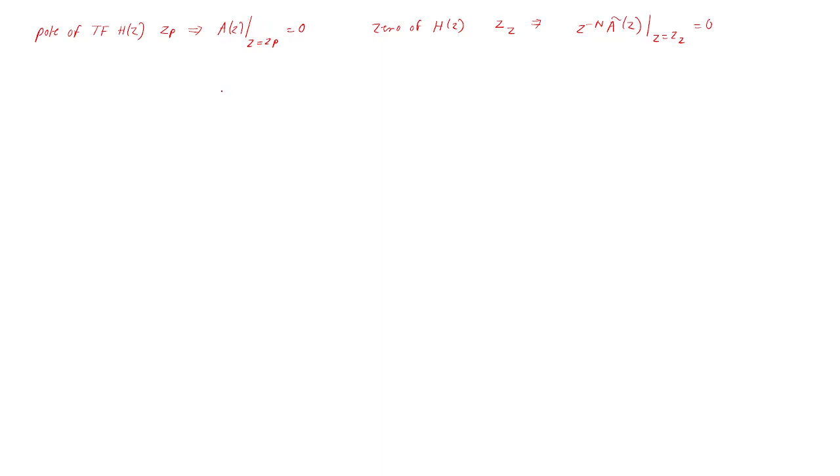So when the question says that H_n has a pole at z equal to alpha naught, that means A(z) evaluated at z equal to alpha naught is equal to 0.